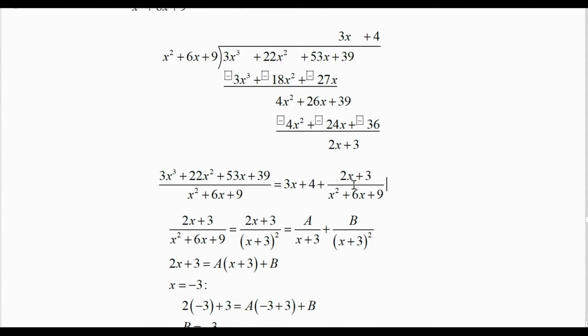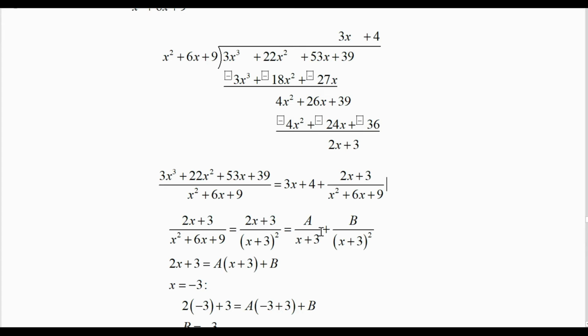Take the proper fraction, 2x plus 3 over x squared plus 6x plus 9, and factor the denominator, which is x plus 3 squared. In this case, where you have a repeated factor, you have to list the x plus 3 and the x plus 3 squared as separate terms, but the coefficients are just going to be constants because these are linear factors, even though this one is squared.